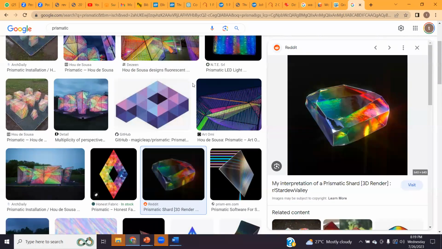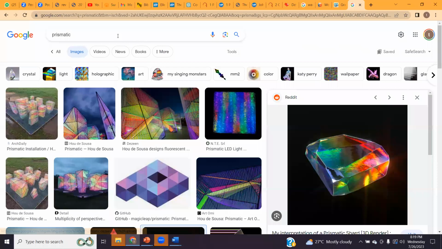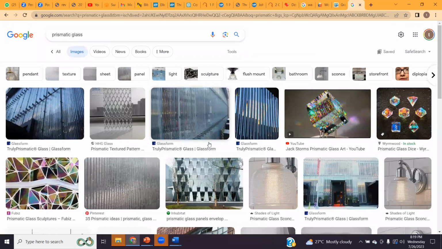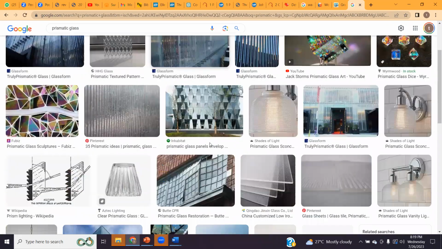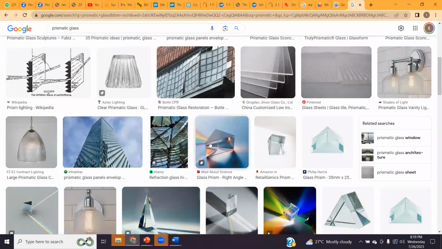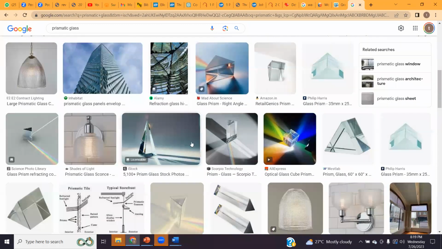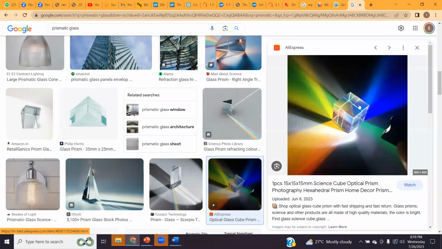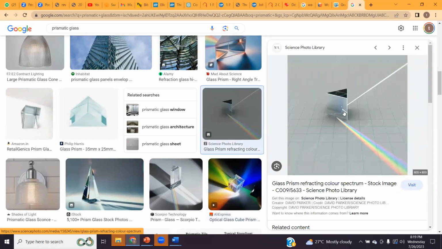Now, that's just prismatic. If we want prismatic glass, then what we need to do is this. They have the form or shape of a prism, a 3-dimensional shape. This is actually a cuboid. That's a triangular prism right there. So this is prismatic glass.